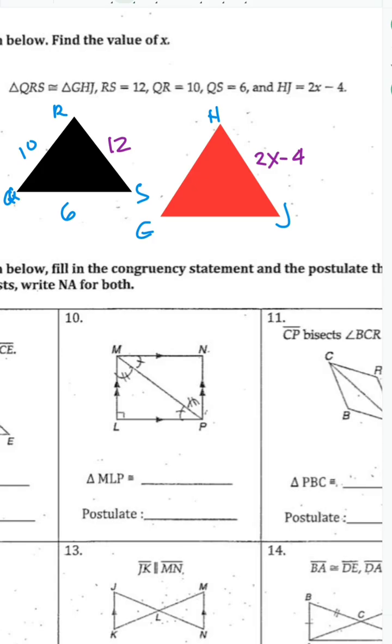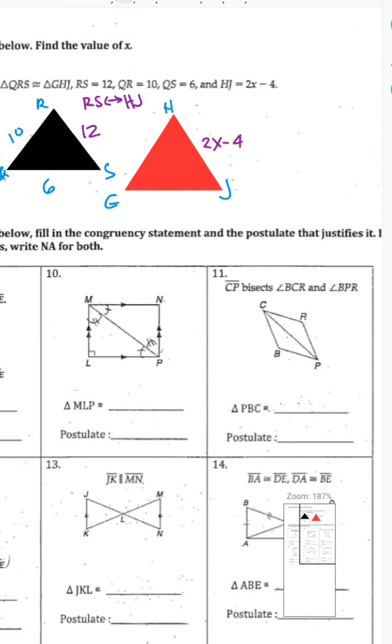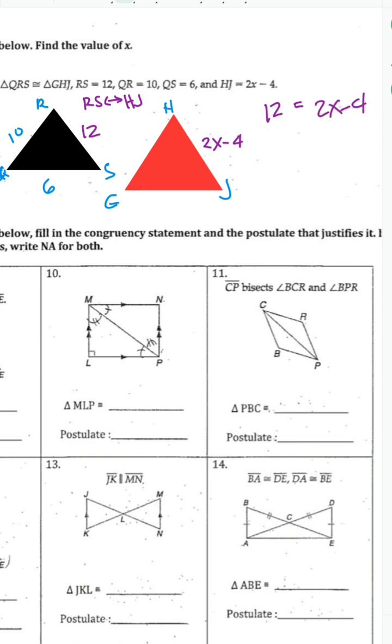QRS, GHJ. So that means RS corresponds to HJ. So we can equate them. Okay, let's equate them. So 12 corresponds to 2x minus 4.